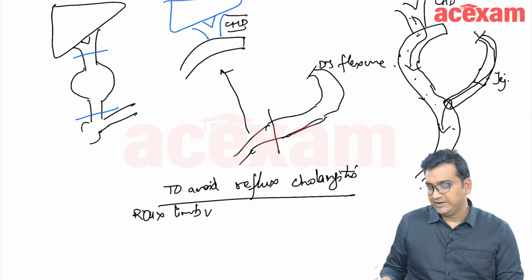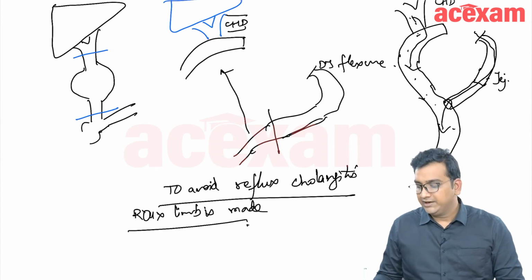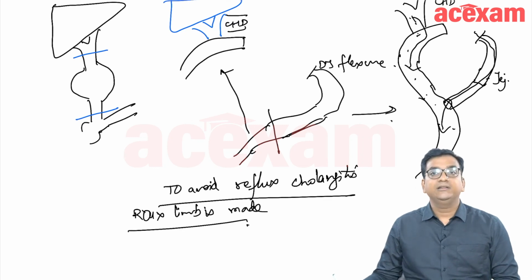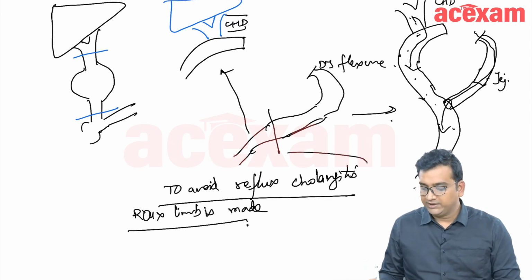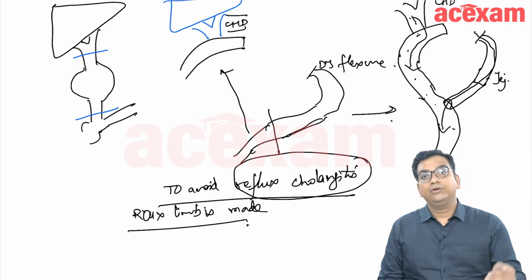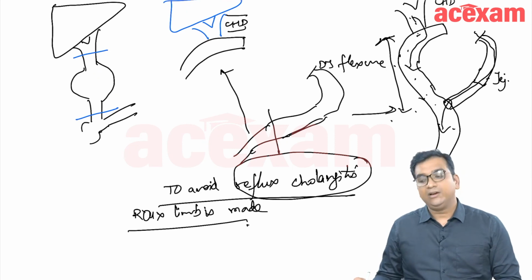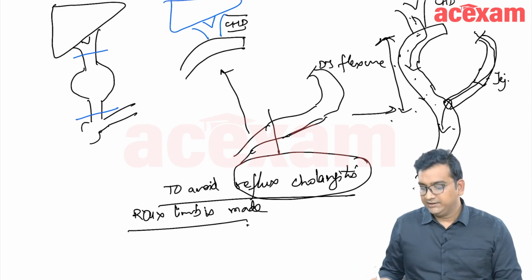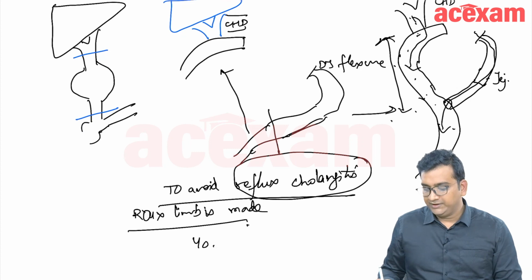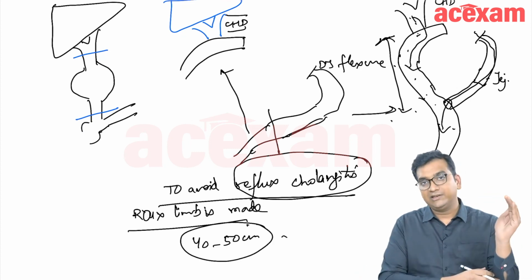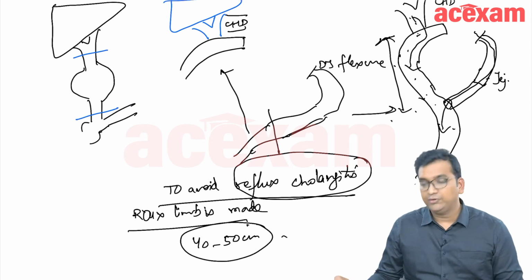That is why we are making a configuration like this. Because we want to avoid reflux, this Roux limb should be of a particular length. Okay, and the length is 40 to 50 centimeters. At least the Roux limb or the bypass limb should be around 40 to 50 centimeters.